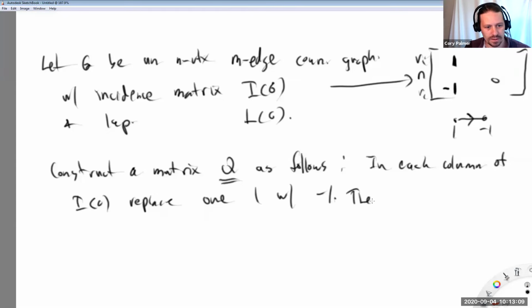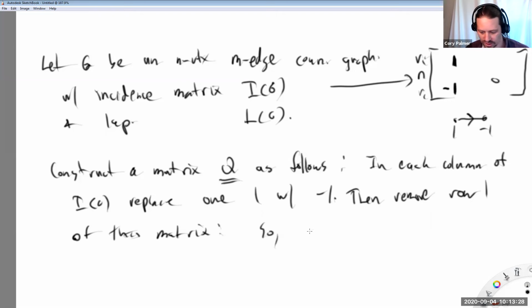Then remove row 1 of this matrix. So we remove the first row of I of G after switching one of the 1s to a -1. Maybe this is a good sanity check: Q is what by what?